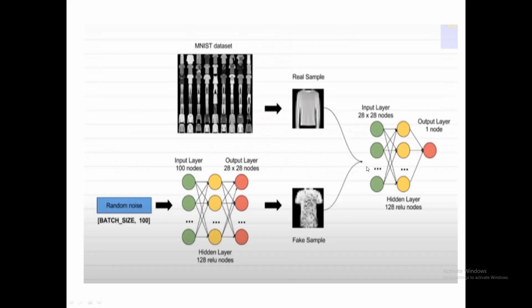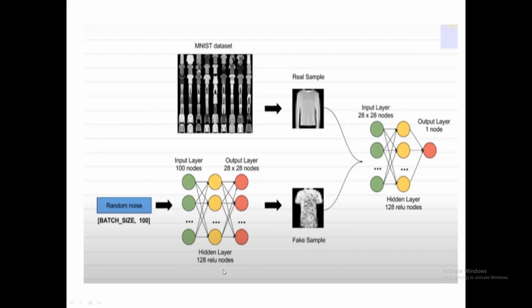So this is the architecture. This is a simple example for the GAN architecture. This one is the MNIST fashion dataset. In this MNIST dataset, one sample is a real sample, a t-shirt, whereas in the generator model, the random noise is given to the generator model, which consists of 100 input nodes and then 28 cross 28 nodes for displaying the images.